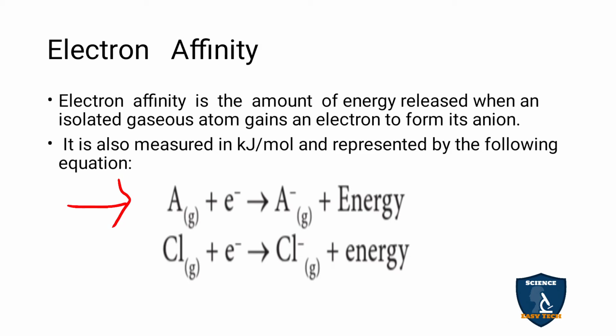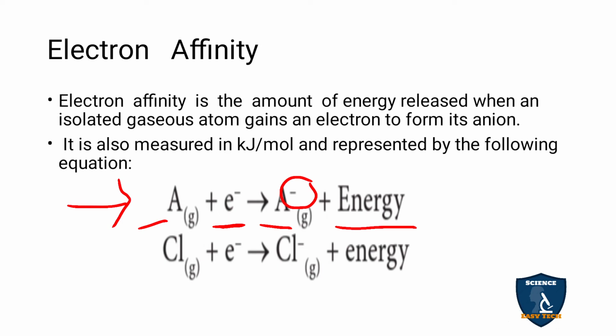A means atom and g refers to the gaseous state, that is, the gaseous atom, plus e minus, meaning an electron. Now the electron is joined with the gaseous atom, and you can see the minus symbol here. So it becomes an anion. So the gaseous atom plus an electron gives the anion, and energy is released.